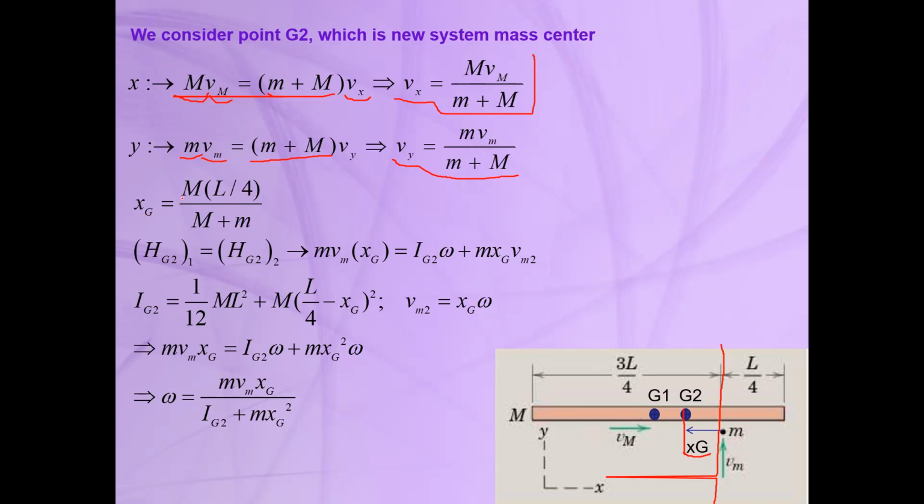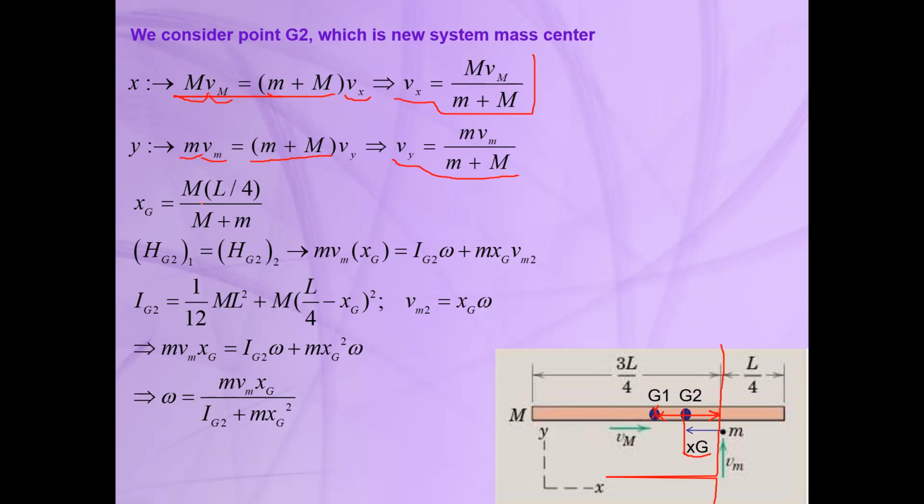It must be equal to the mass of the bar, which is G1 here, times its arm, which is L divided by 4. So xg can be calculated from this equation easily.